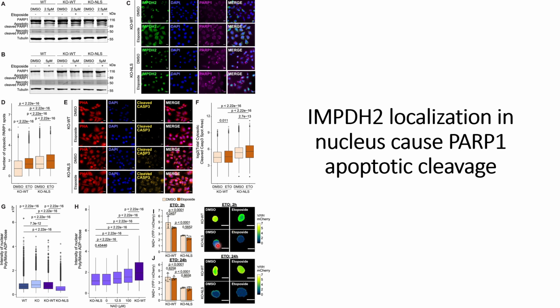After 2 hours this seems comparable, whereas in this case we can see that the intensity in DMSO is higher compared to the adipocytes. But after 24 hours the intensity looks similar for the knockout cells supplemented with the wild type IMPDH2 and the knockout cells supplemented with the modified IMPDH2 that has the NLS sequence.